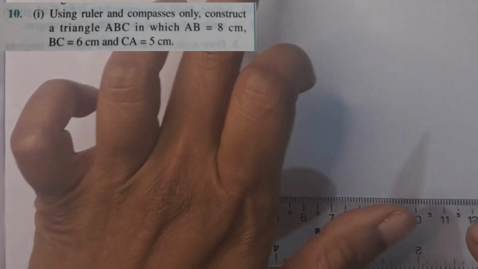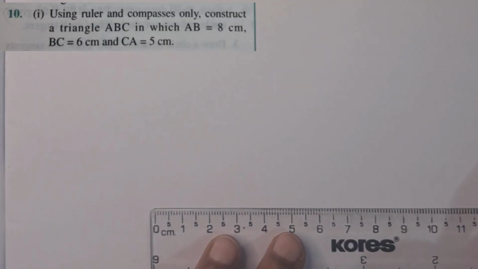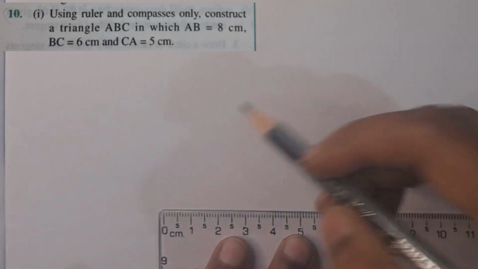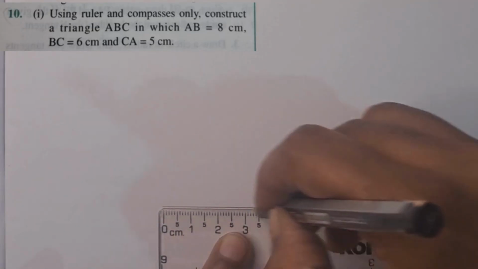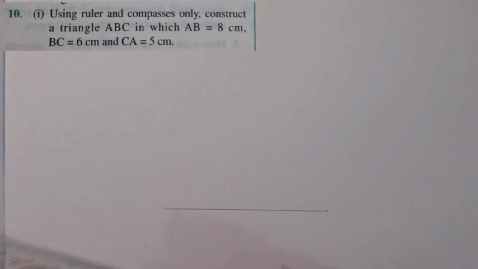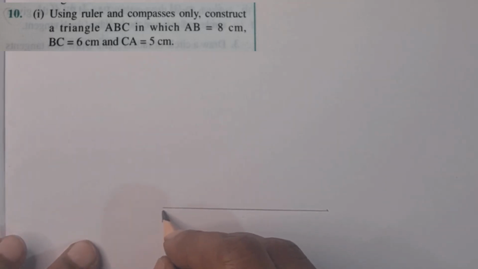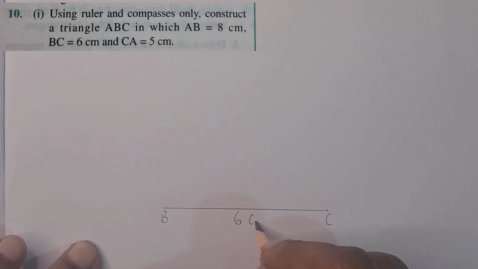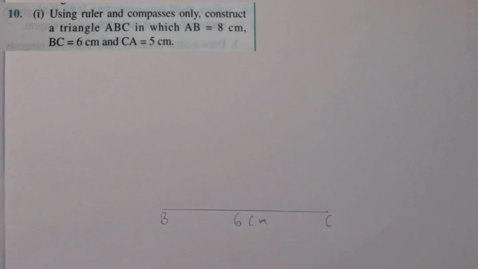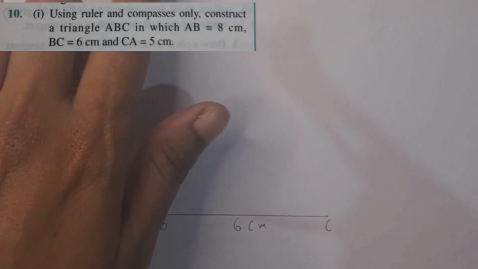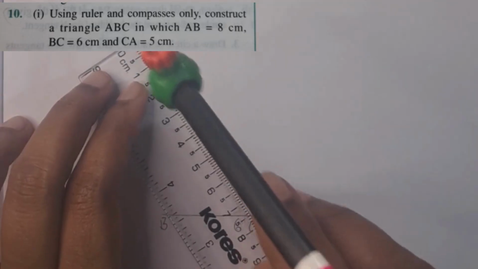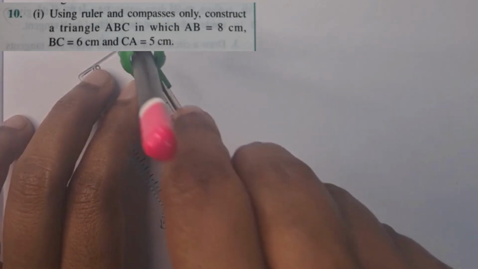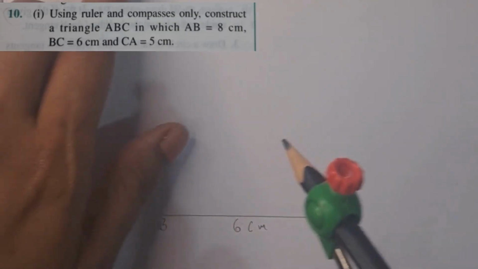First draw BC equal to 6 centimeters. This is B, this is C, 6 centimeters. Next, AB equal to 8 centimeters.